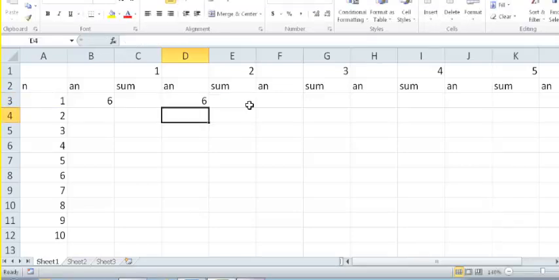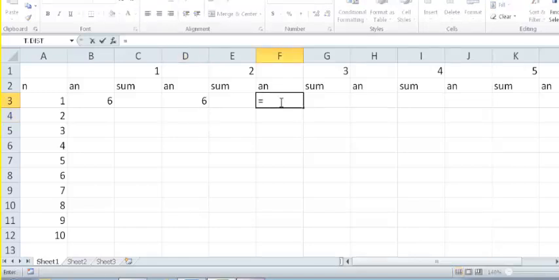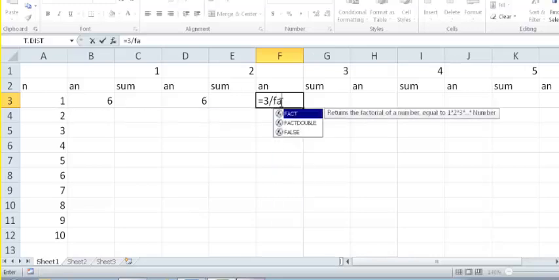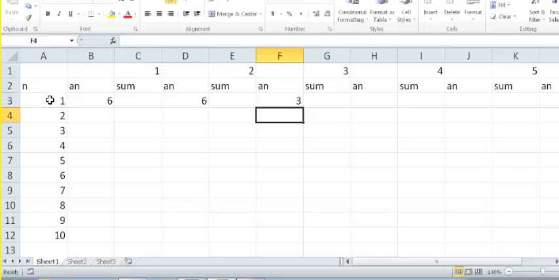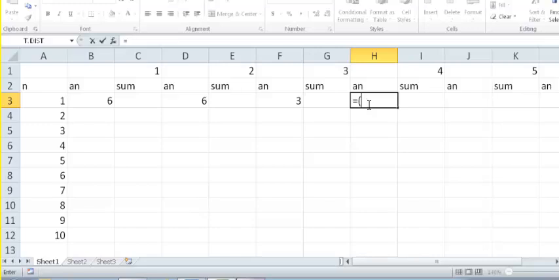Okay. The third equation is going to be 3 over n factorial. 3 divided by fact. So that returns the factorial of n. The next one is going to be equal to 3 divided by, we've got to put our little alternating series part here.